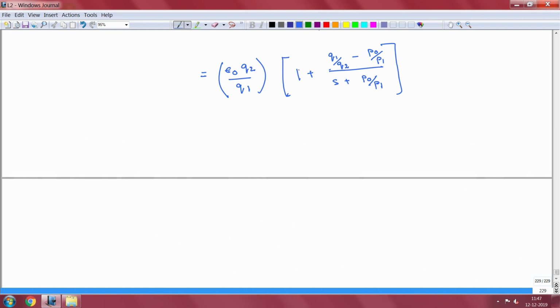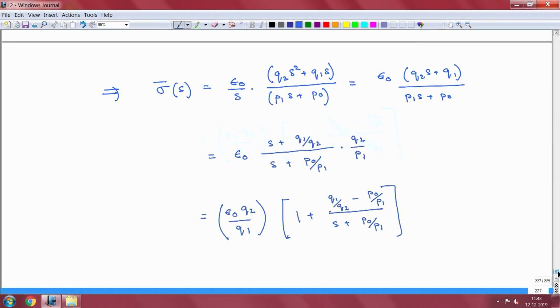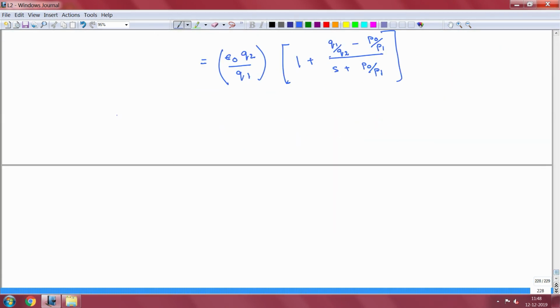Okay. So, this is still in the Laplace domain. This is my sigma bar s. Now, to solve this I have to take the Laplace inverse.